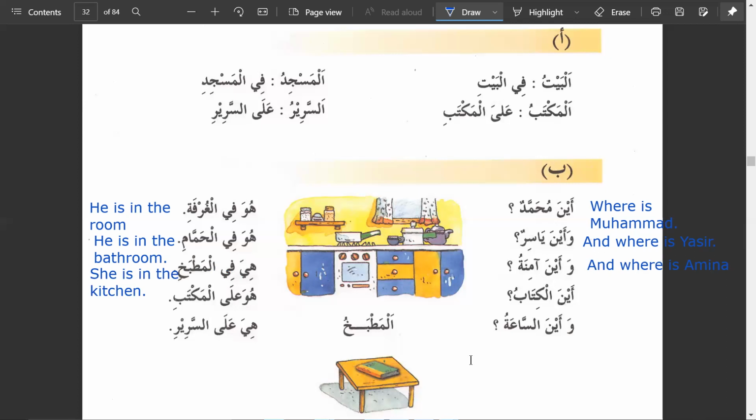Now read the more sentences like: Ainal kitabu? Where is the book? Where is the book?